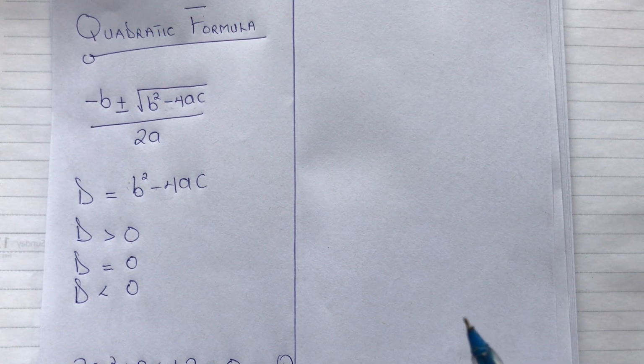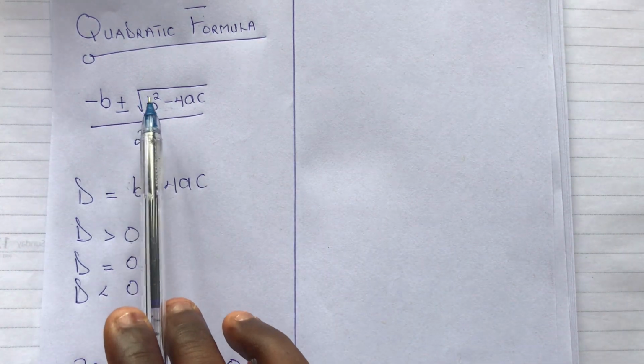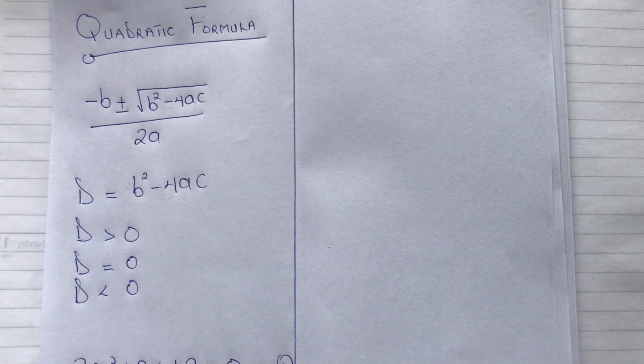A repeated factor means that it will generate a particular value twice. So if the final solution was 2, then it will be 2 and another 2. If it is minus 2, then it will be that value repeated twice.